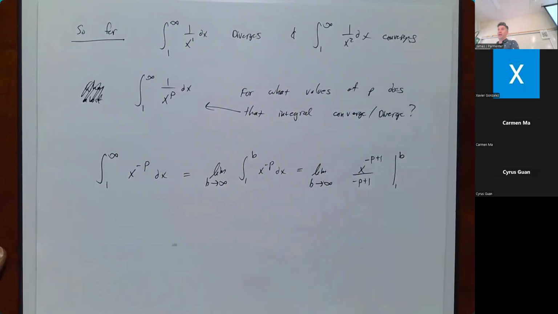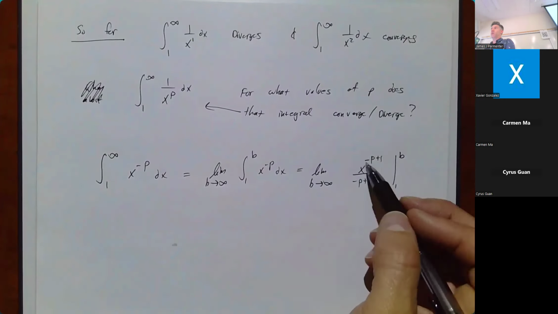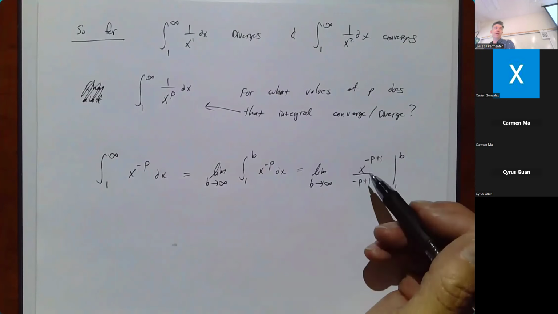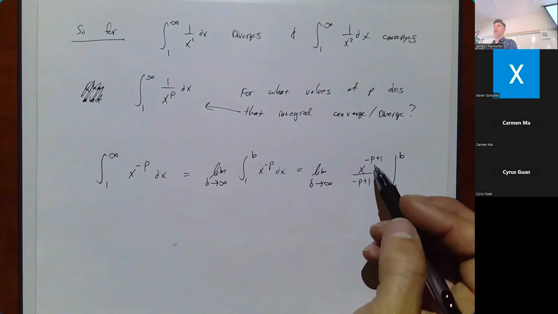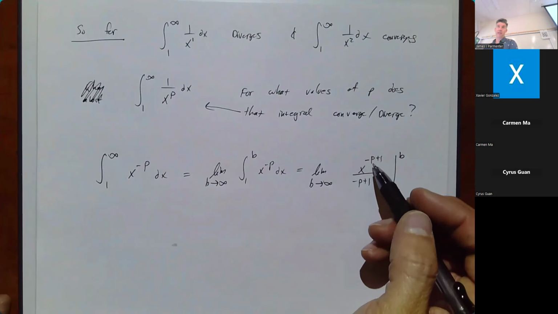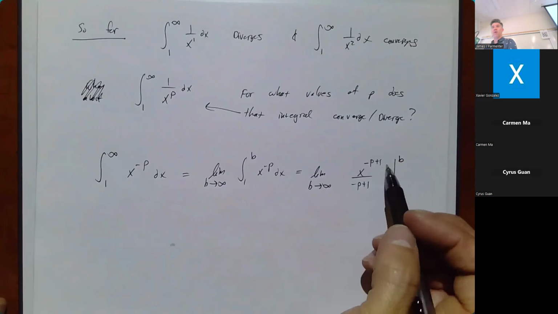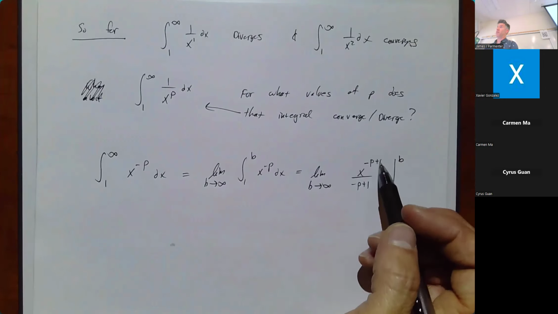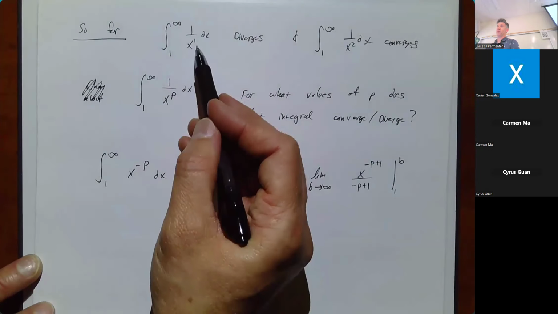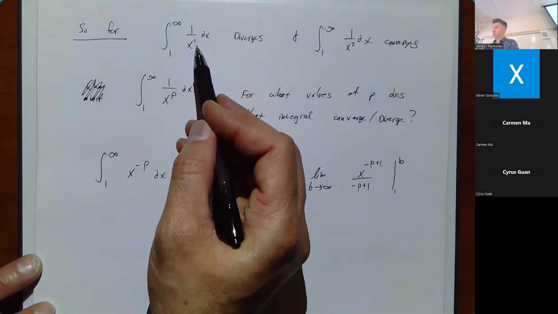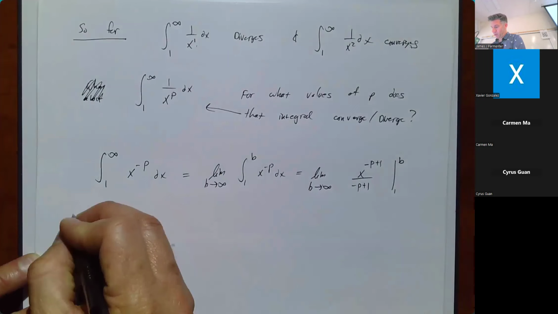And then we're going to look at two different cases. We're going to look at the case where that power is positive and where that power is negative. And we're not going to worry about that power being 0 because we already dealt with that case. If that power were 0, p would have had to have been positive 1. And we already dealt with the case where p was positive 1. That integral diverged.